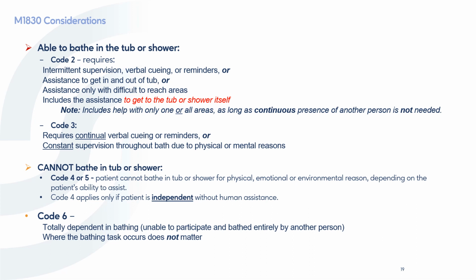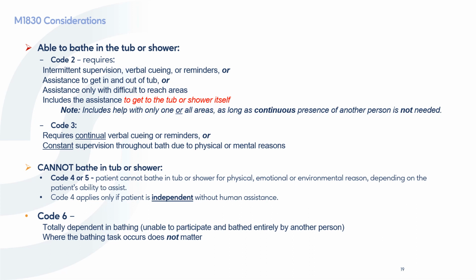So your 2, now we're talking, I need a human, whether it be intermittent supervision, cueing, reminders, or assistance to get in and out of that tub, or assistance with difficult to reach areas. You know, I can't get my feet, I can't get my back, things like that. It also includes, of course, we always have to remember that the M18 items always talk about your ability to get to where the task occurs.